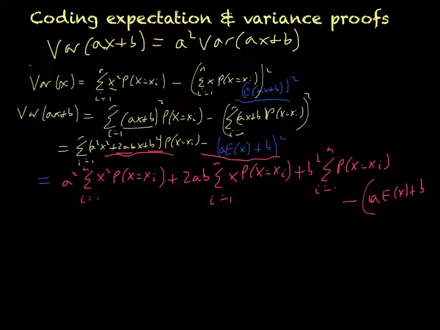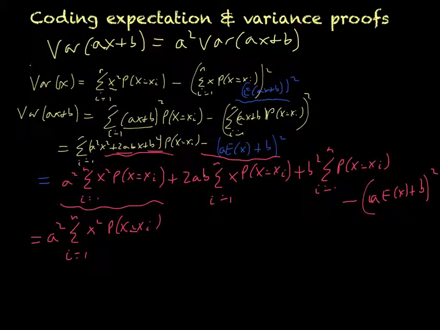Now, just finish that off. Okay, so let's tidy this thing up. This thing can stay the same. So this is a squared, i 1 to n, x squared p of x equals xi. Note that this is already starting to look like what we're aiming for, and remember, this is our final goal. We've got this thing, x p of x equals xi.